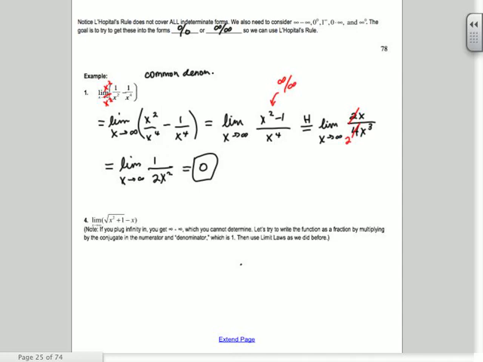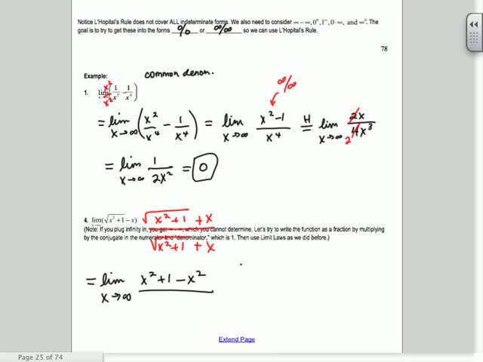Whenever we have square roots, we always think of conjugates. So we're going to multiply by the conjugate on the top and the bottom. I'm going to multiply by the square root of x squared plus 1 plus x, all over the square root of x squared plus 1 plus x. When I do that on the top, I'm going to get x squared plus 1 minus x squared.